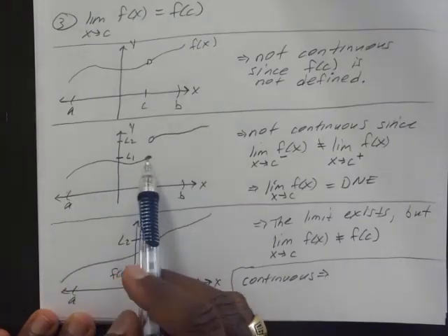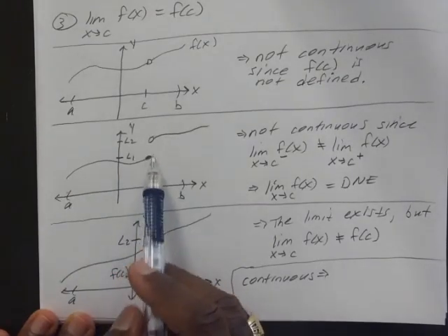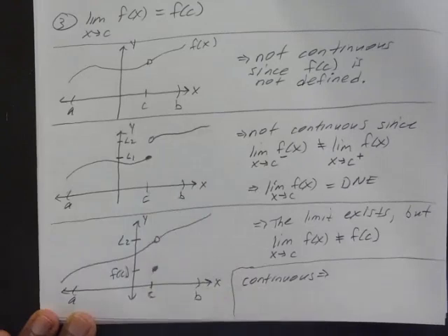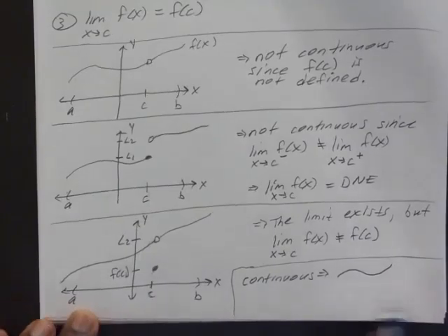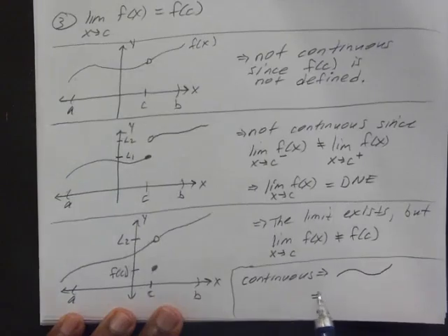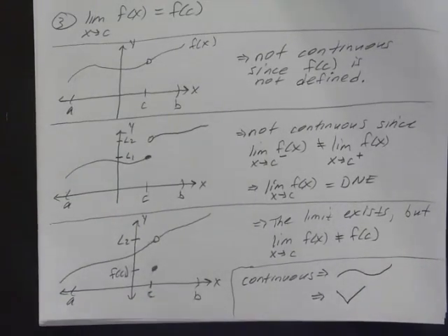Here, you can't roll your pencil all the way through. You'd have to pick it up and move it over here. Same thing here, you have to pick it up, keep it going. A continuous function would just look like this. No breaks, no holes, nothing. Or just like that. Any function at all where you don't have any of these problems.